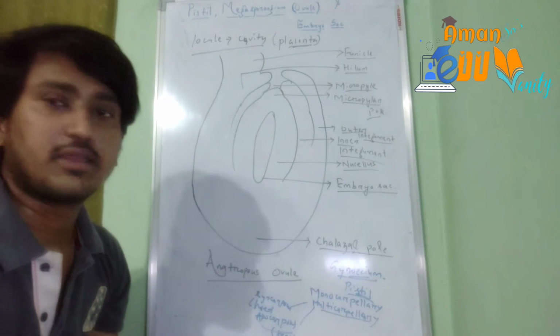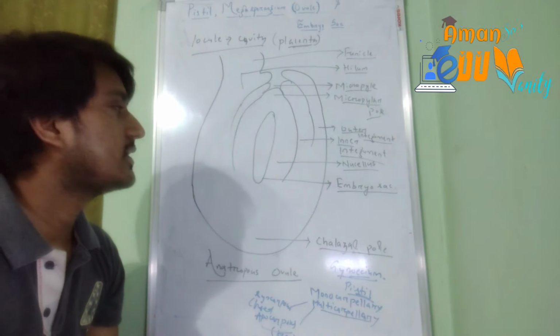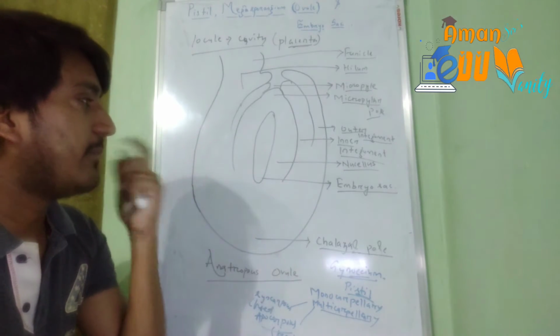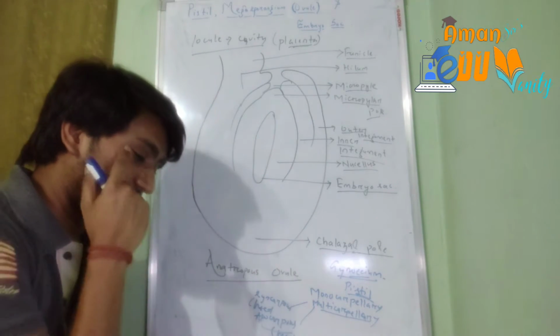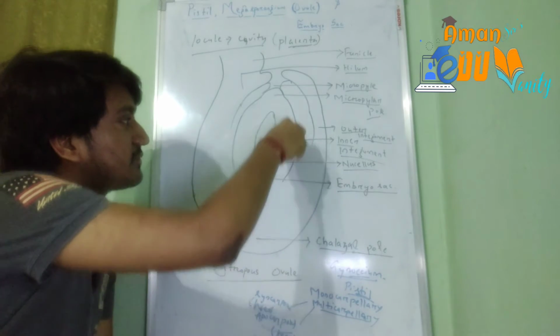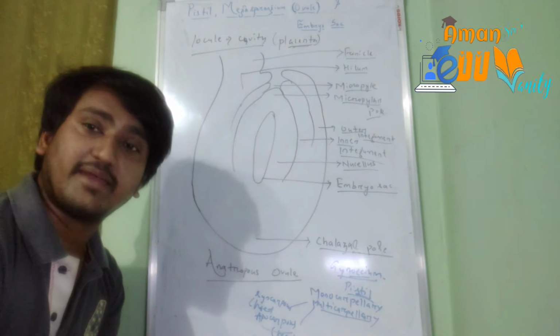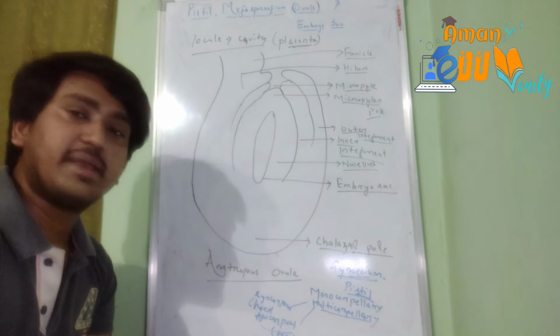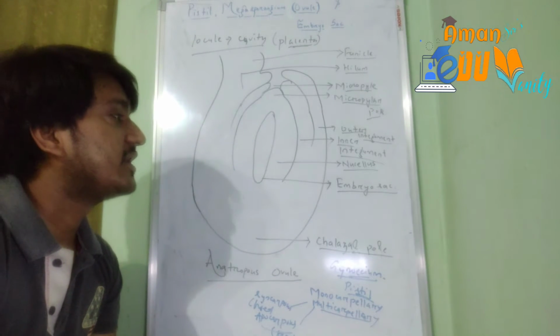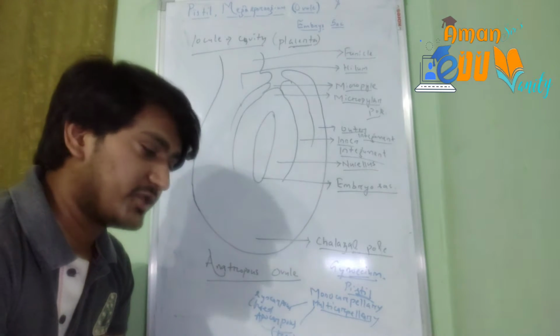We will go through the structure of the embryo sac in detail later. The embryo sac is surrounded by the nucellus, which is covered by a mass of parenchymatous cells meant for the nourishment of the developing embryo sac.